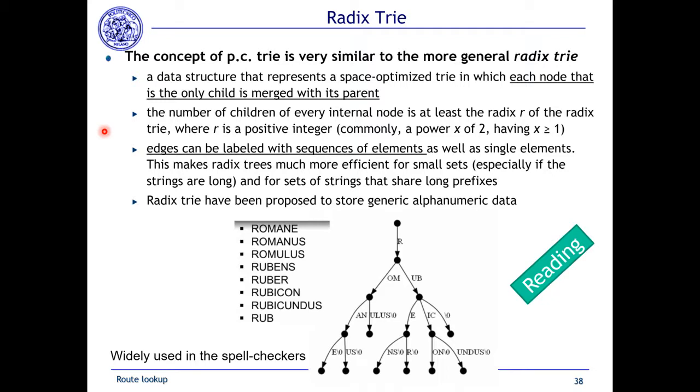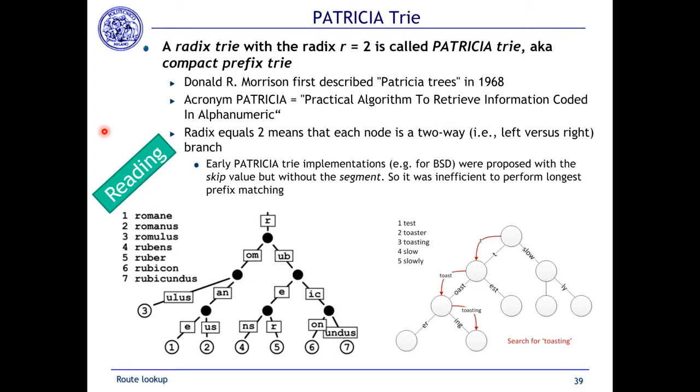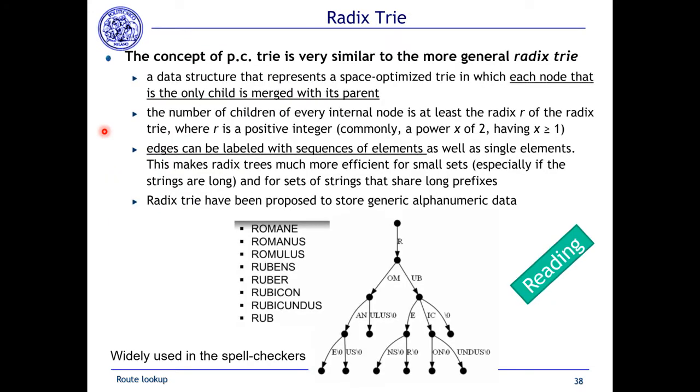And in particular, in this Radix trie, the Radix is the maximum number of branches that you can start from a node, so the maximum number of arcs that exit a node, or the maximum number of children.